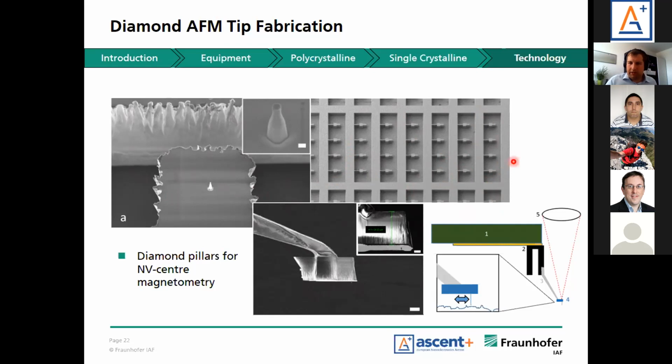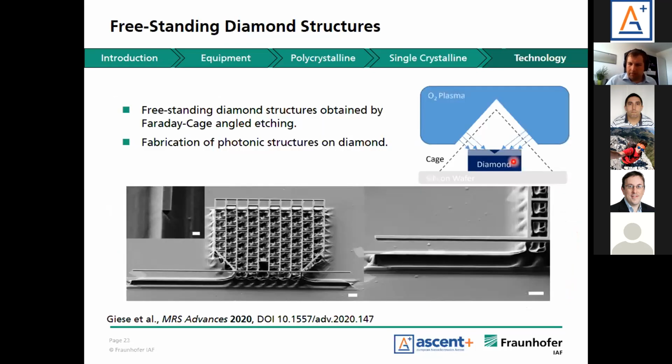And we have another technology just rather recently realized, which is called Faraday cage angled etching. There you're using a Faraday cage around the sample, and this allows you to obtain such freestanding structures. Here, Christian Giese has published a paper recently, and you can look that up if you want to know more.